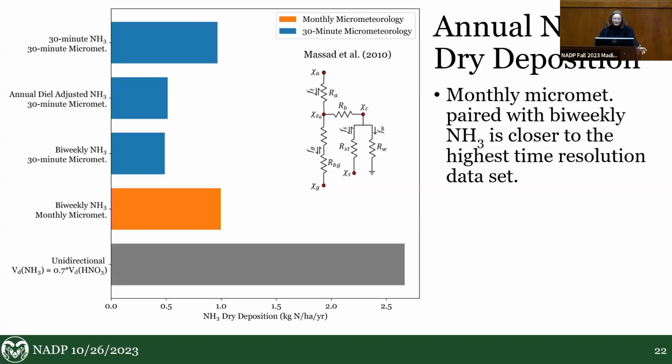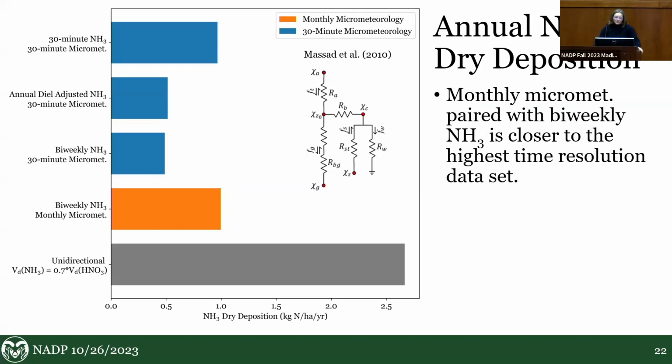And then the other thing I want to call your attention to is that we have this monthly micrometeorological data taken from the NEON Tower as an average, but perhaps a good proxy for a reanalysis product or a sort of climatological understanding of these MET parameters. And it actually agrees quite well with the 30-minute ammonia and the 30-minute micromet.